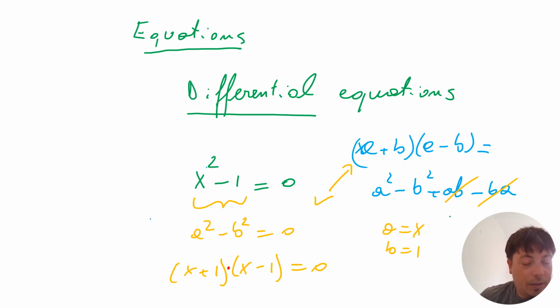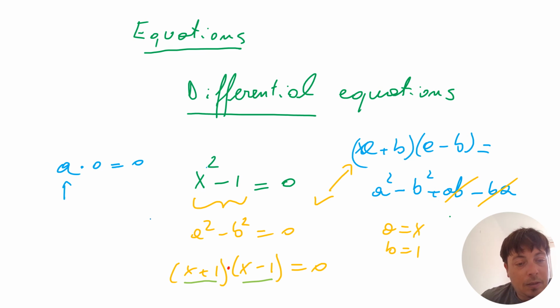One way to see that this is going to be 0 is that whenever this side or this side is 0, then the product is 0. This is easy to remember, because a times 0 is equal to 0 anytime you choose a.